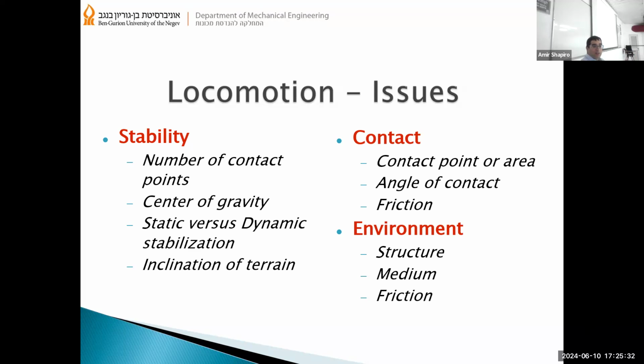We talked about static versus dynamic stabilization. Well, static stability is actually equilibrium, it's not stability. And the angle of the terrain, the inclination of the terrain, and the structure of the terrain that we walk on. And this is important.